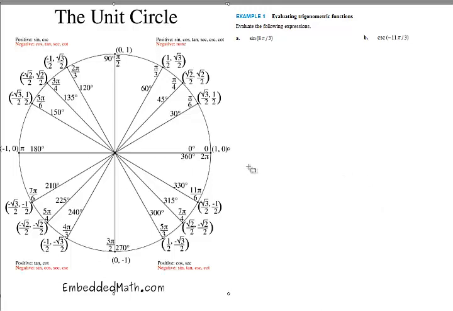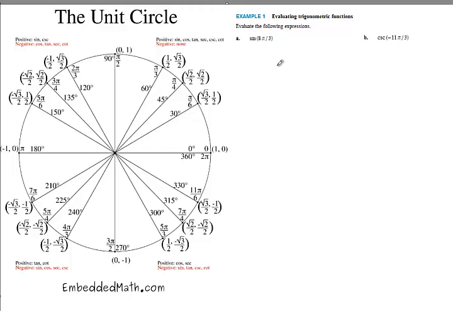If I'm going to look at the unit circle, I went ahead and snipped a unit circle from embeddedmath.com so that I can see both the degrees and the radian measure on there.